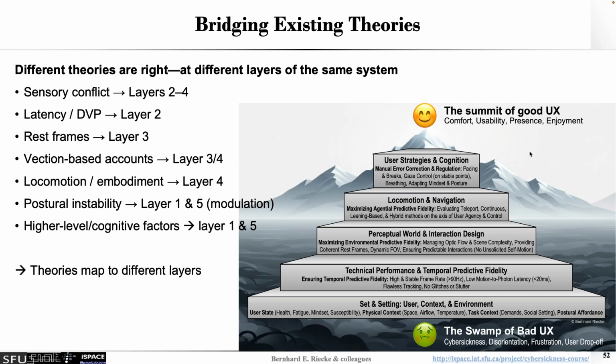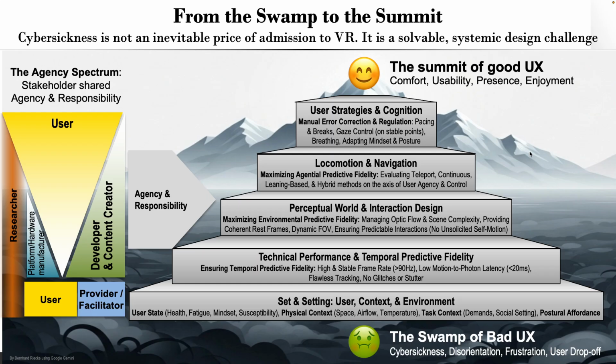And here's my attempt to map the different theories to the different layers. So of course, sensory conflict or mismatch theory happens mostly at these levels. Latency, DVP would be here and so on. So you can kind of match the different theories and see where they happen. And so in the end, what we have then is a framework where you have the different layers.